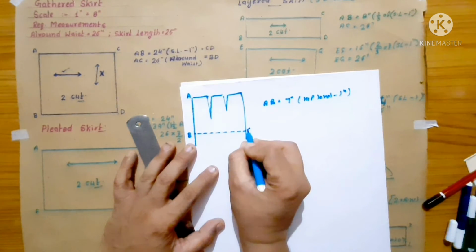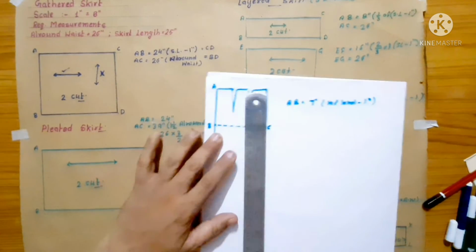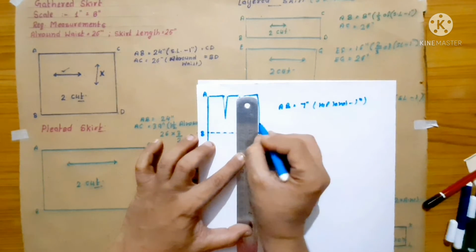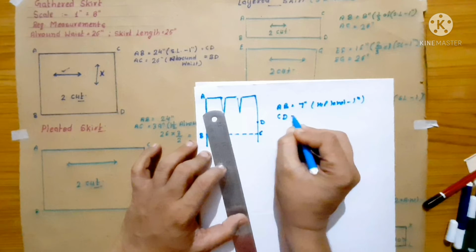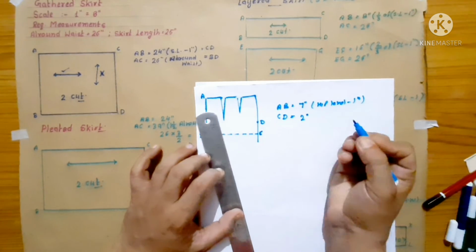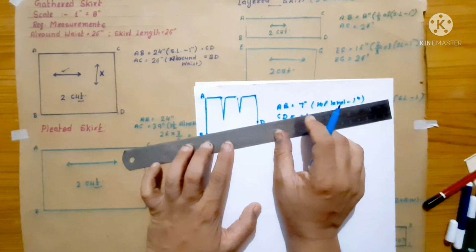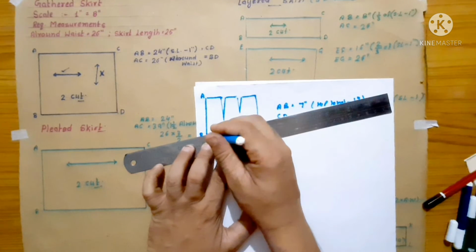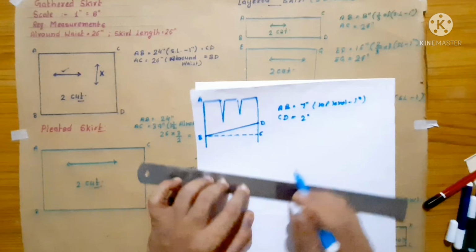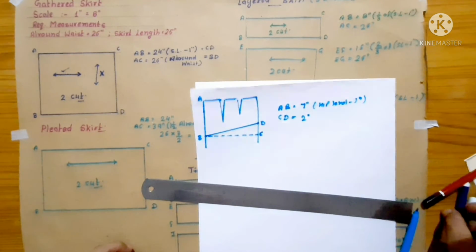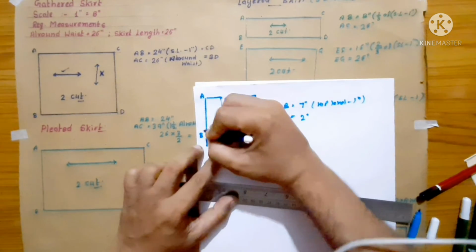I'll mark this point as C, and now we'll mark a point D where CD is equal to 2 inches. This is constant, and I will just join these 2 lines. Now this portion would be the yoke.